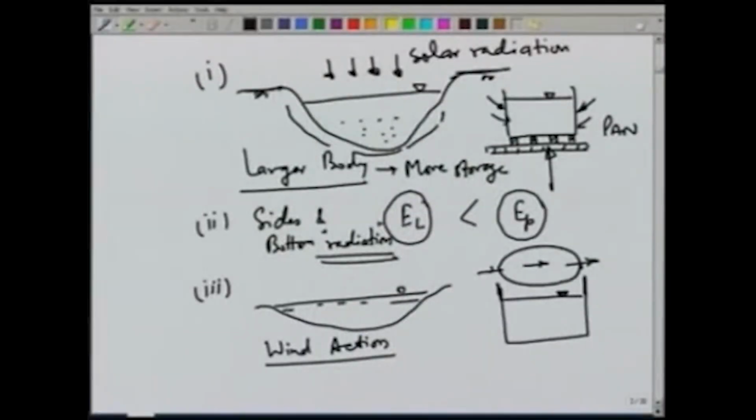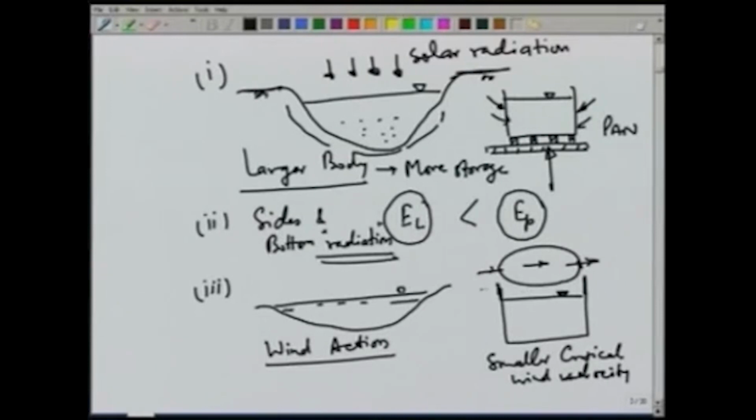And because of its smaller size also, a smaller wind velocity will be able to remove the saturated air from this. So, the critical wind velocity is smaller, because the size is small.